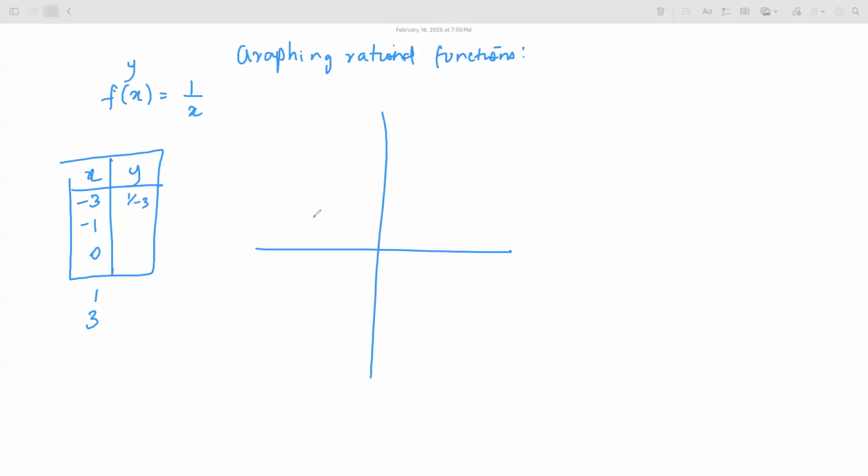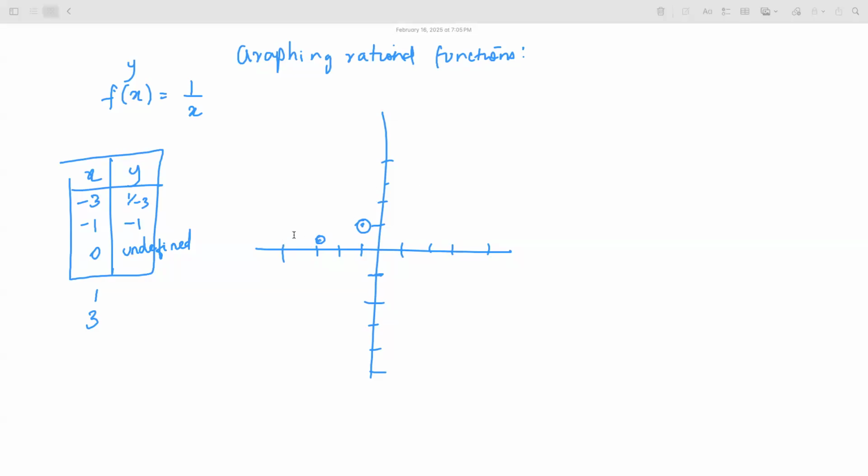This is 1 by -3. So basically, let me quickly graph and show you. This is similar to linear equation graphing, but this is not what we are going to do. However, -3 gives -1 by 3. -1 gives -1. And after that, 0 becomes undefined because y is 1 by x, and 1 by 0 is undefined.